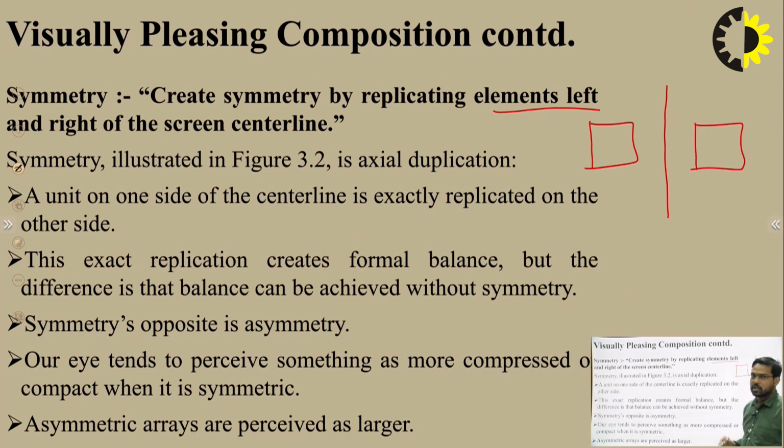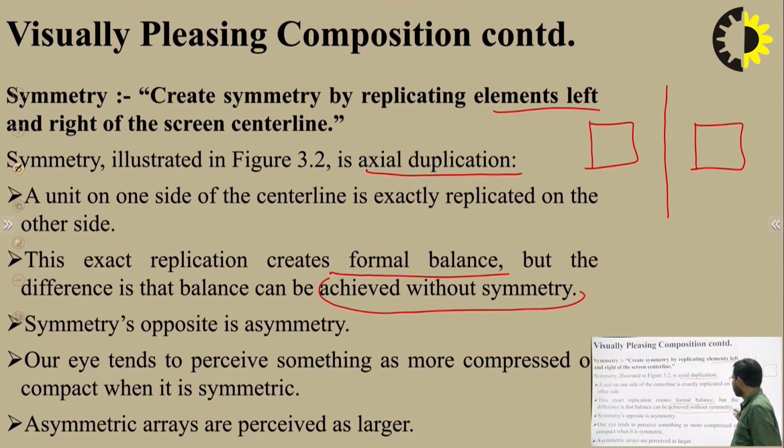So that is the symmetry of the first and second. Symmetry is an axial duplication. A unit on one side of the center line is exactly replicated on the other side. This exact replication creates formal balance, but the difference is that balance can be achieved without symmetry.